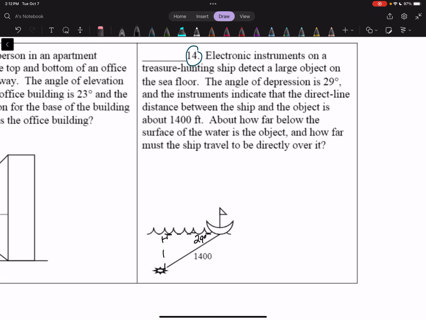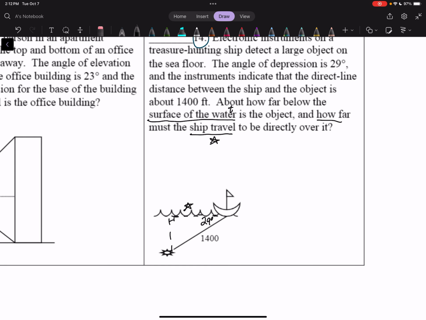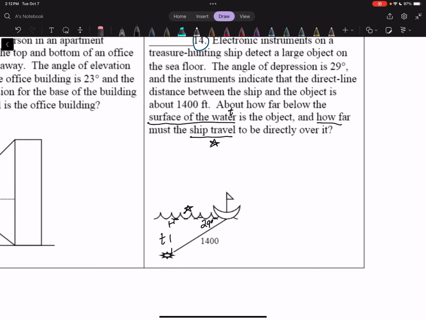So, how far does the ship travel? I'm going to call this unit star. And how far below the surface of the water, I'm going to call T. You just need two variables. I really don't care what you use.